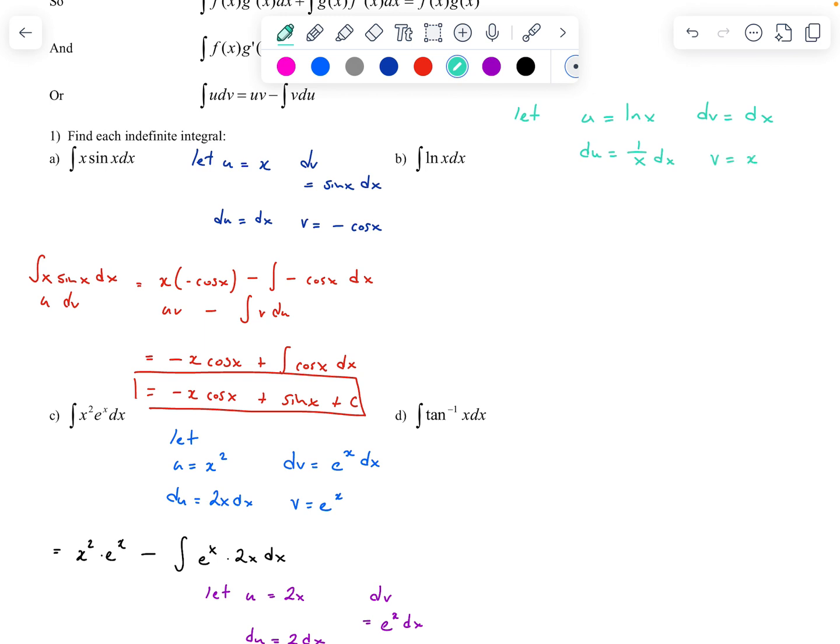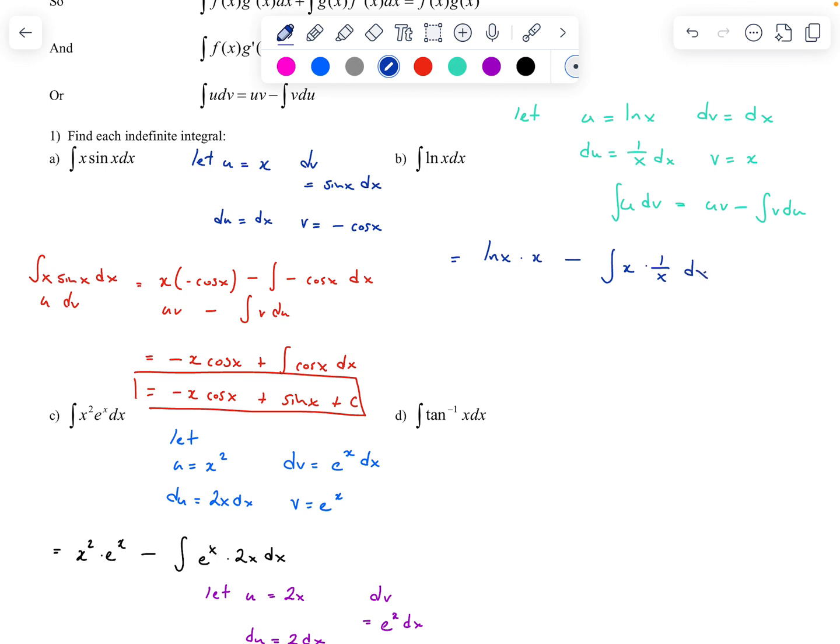And if you want to, you can rewrite the formula. The integral of u dv is uv minus the integral of v du. So this integral is equal to u times v minus the integral of v du.